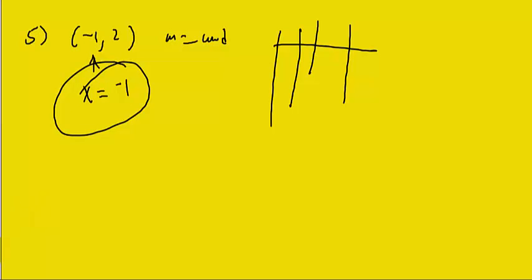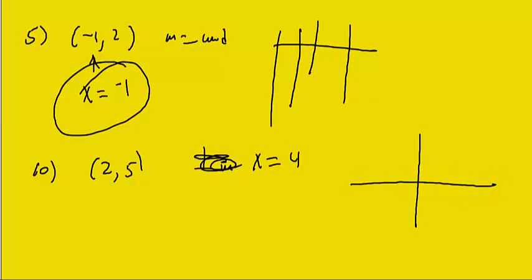Okay, 10. 2, 5, and perpendicular to x is equal to 4. x is equal to 4 is this line right here. If it's perpendicular, it's going to go through the y-axis.